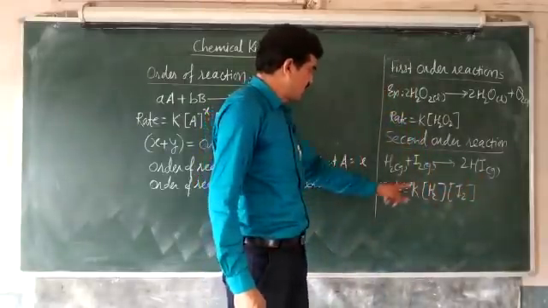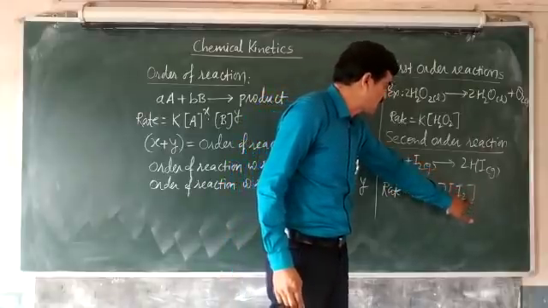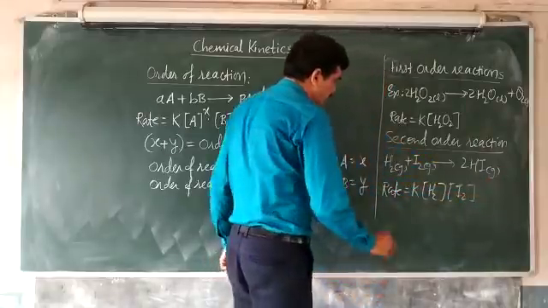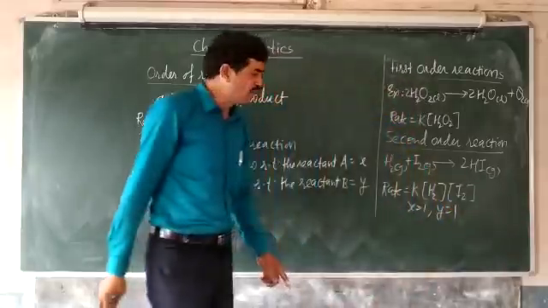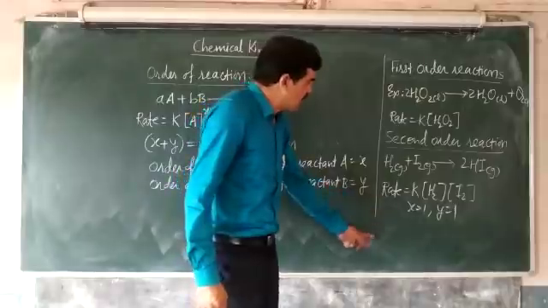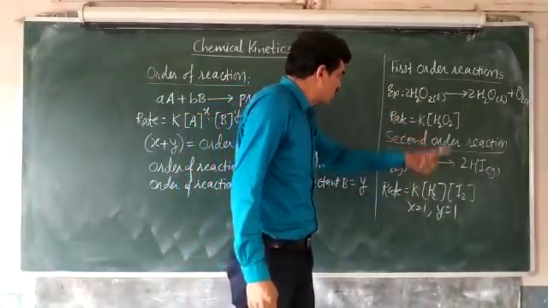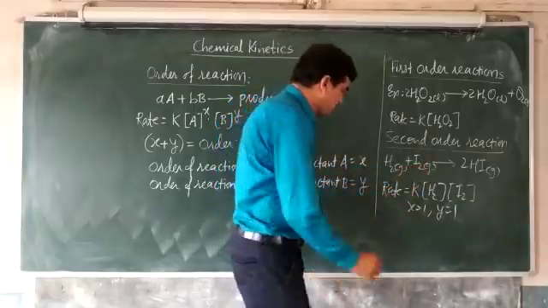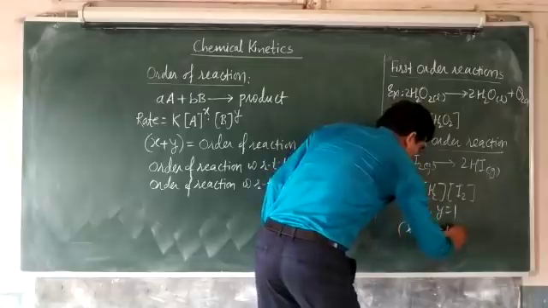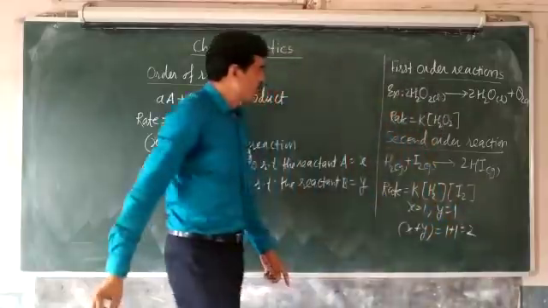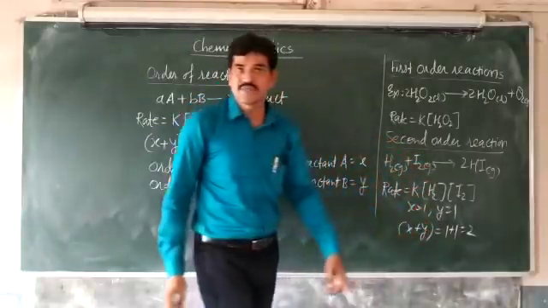The exponent which is raised to the concentration term of hydrogen is 1. The exponent which is raised to the concentration term of iodine is also 1. Here x equal to 1 and y equal to 1, and therefore this reaction is first order with respect to hydrogen. It is also first order with respect to iodine, but overall order of reaction x plus y is equal to 2, and therefore the reaction is second order reaction. So this is the example of second order reaction.